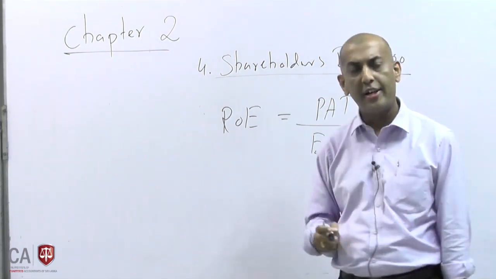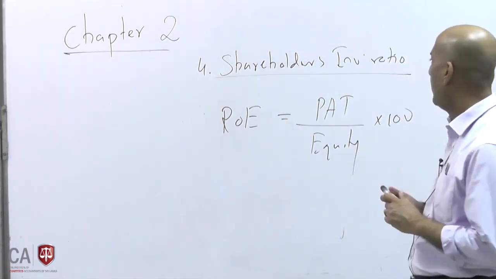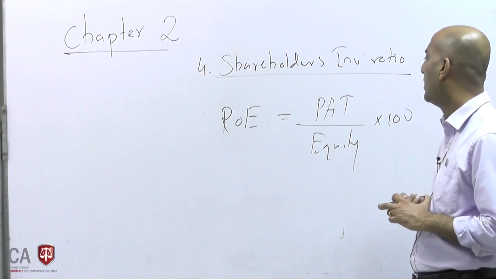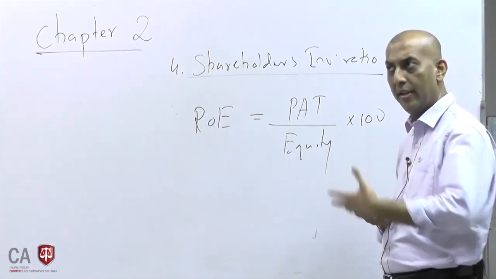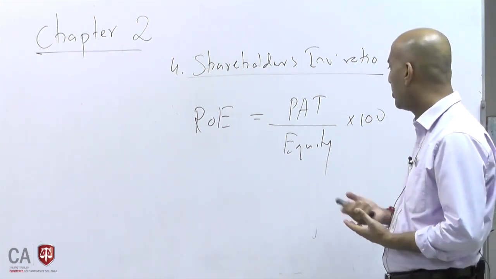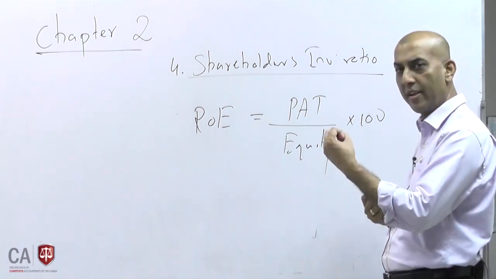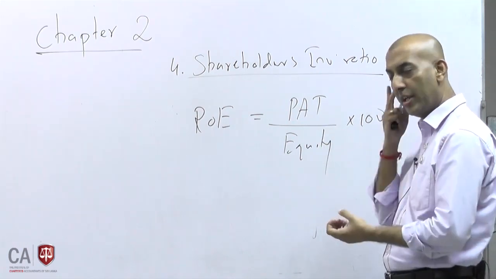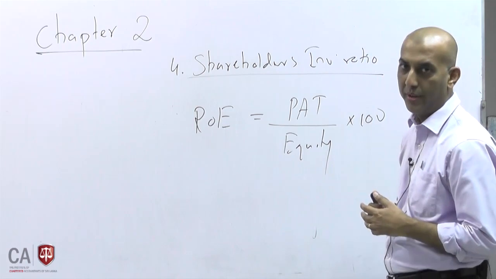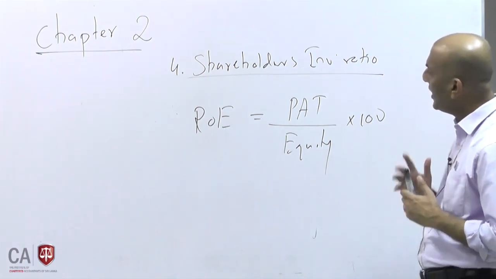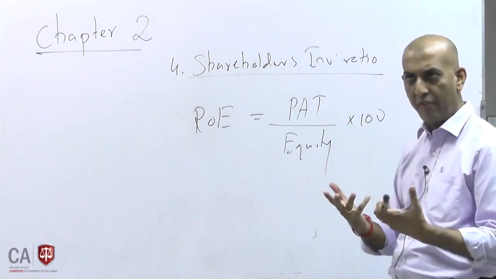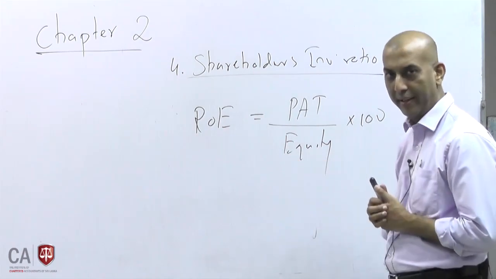So ROE, return on equity, will show you whether shareholders' returns are sufficient or not sufficient. So this gives you a number which will say whether the company has managed to earn a reasonable return for shareholders. Please note, all these ratios give different things about a company.